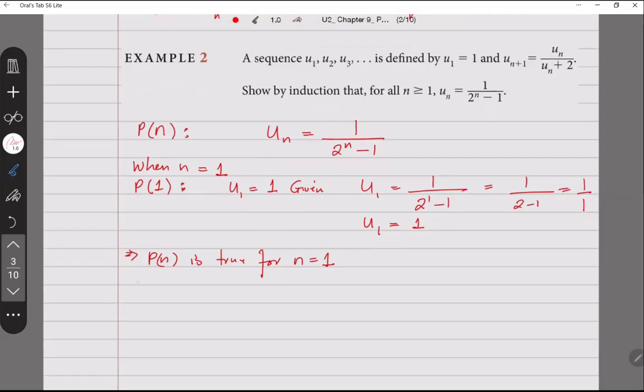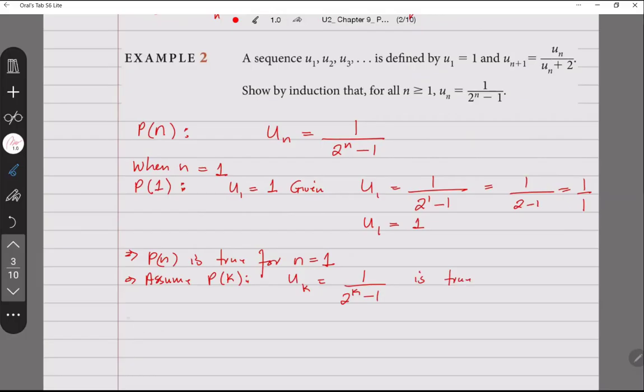Then we're to assume that Pk, which is Uk is equal to 1 over 2 to the k minus 1, is true.